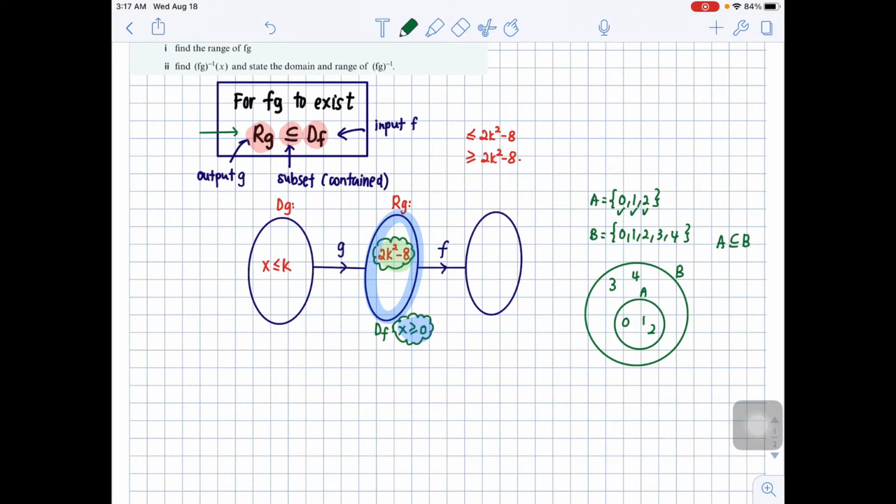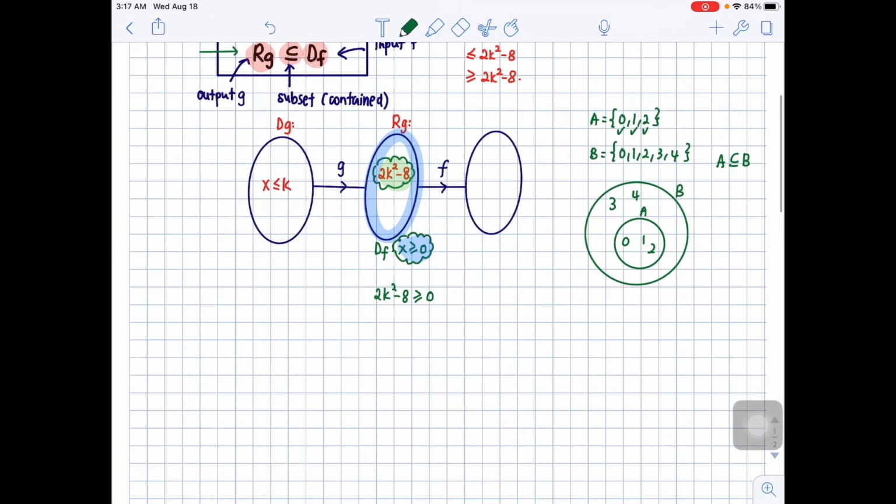So what will be the lowest value of the green cloud? Don't you think it's 0? It can be 0, 1, 2, 3, but that is not our interest. We know the lowest value is going to be 0. So how can I do this now? 2k squared minus 8 more than or equal to 0.